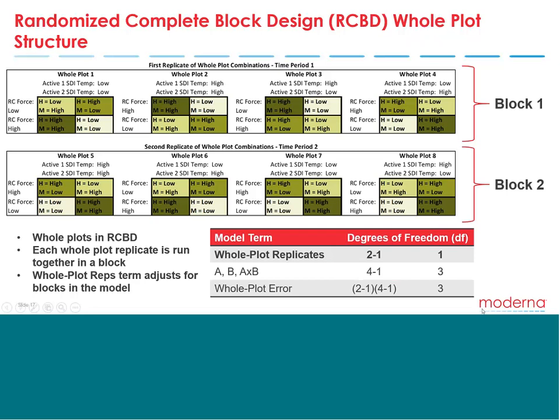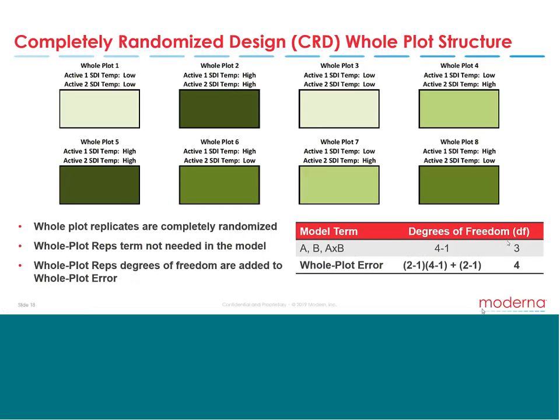And typically, when you're doing these types of experiments, it is impossible to do all your runs at one time. So you typically do have to block every whole plot rep into a block. But in some situations, you may not need to do that, and you can actually do what's called a completely randomized design whole plot structure.